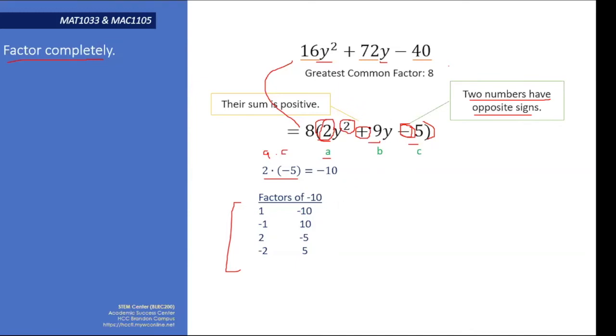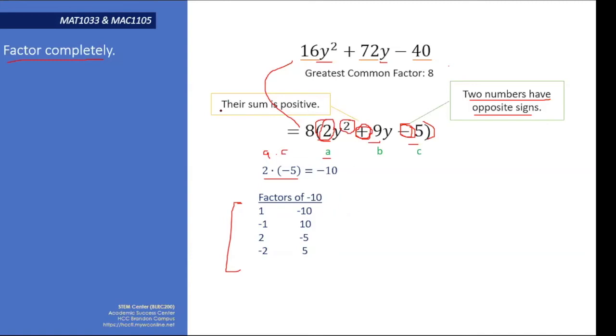Then the B, this little plus sign, we've written their sum is positive. So what does that mean? That means that when we're looking at these groups of factors, the AC method tells us that we need to find the two factors which add to result in B. So in other words, +9.